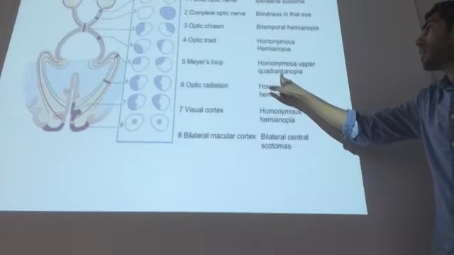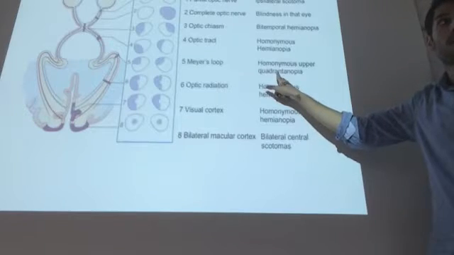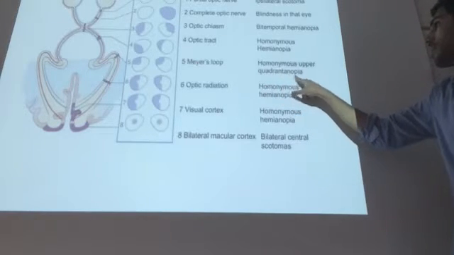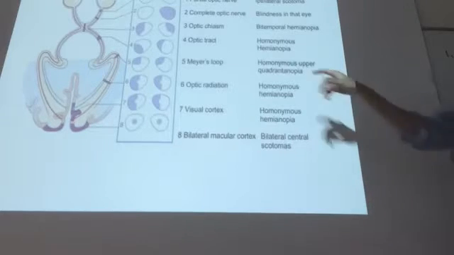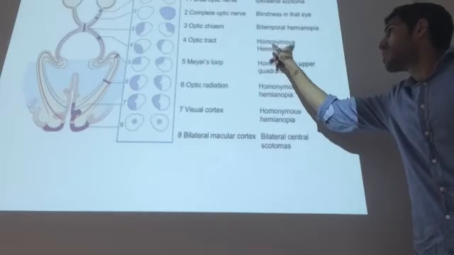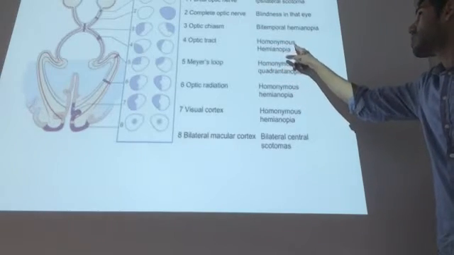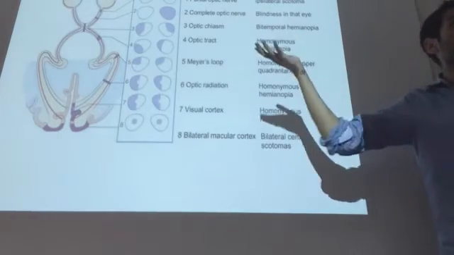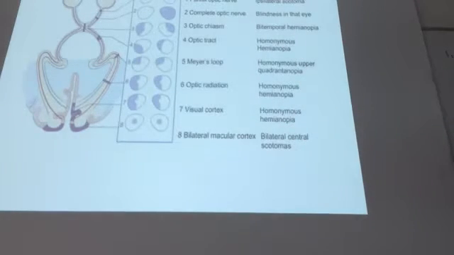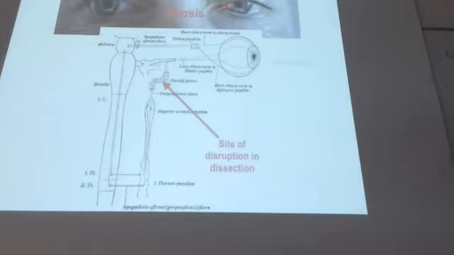Quadrant means one quarter. So that's all you need to know. Homonymous means same side. Bitemporal is both temporal regions you can't see. What do you guys think this is?